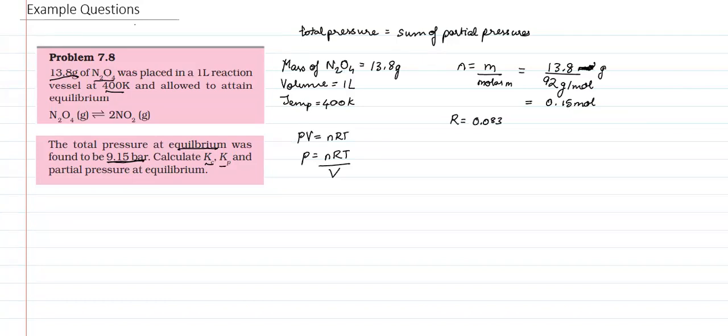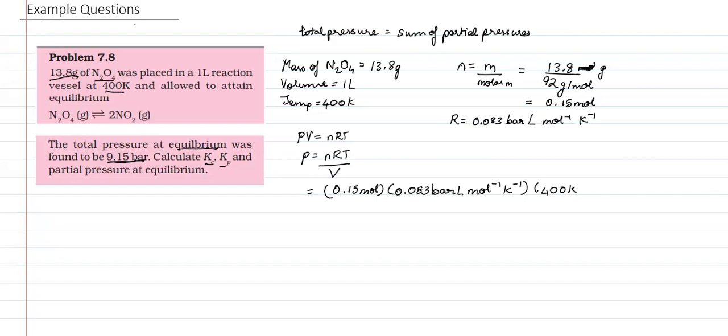Now we have R, the universal gas constant, which is 0.083 bar liter per mole per Kelvin. Let's substitute all the values. So 0.15 mole times R, that is 0.083 bar liter per mole per Kelvin, times T, the temperature, which is 400 Kelvin.